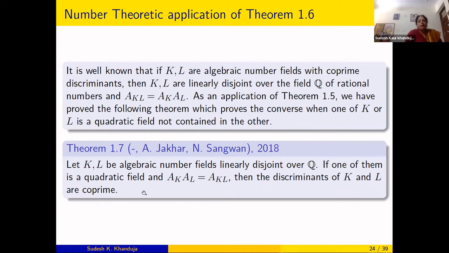So if one of them is a quadratic field and AK AL is equal to AKL, the ring of algebraic integers of the composite field is the compositum of the two rings AK and AL. Of course, AK AL is always contained in AKL, but the compositum being equal to the ring of algebraic integers of KL, that's important. Then the discriminants of K and L must be co-prime.